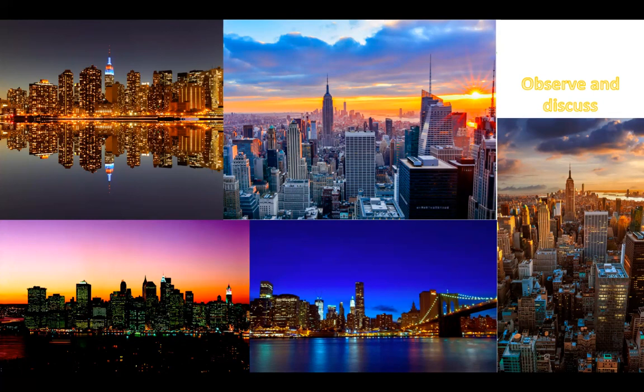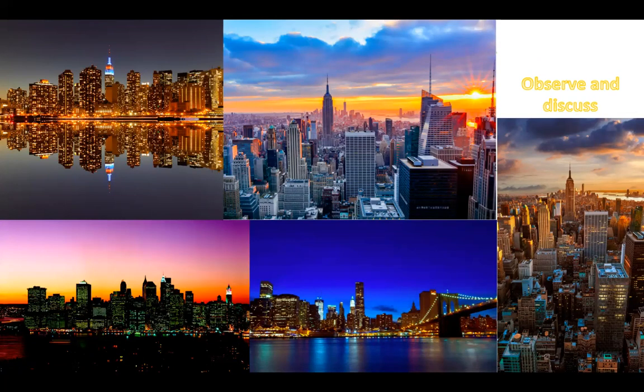I notice the photograph in the middle is in the evening, and I can see the beautiful evening sky. I notice on the right-hand side of the photograph, the sunshine is really coming up behind those buildings there, and the sun rays are raying all over those buildings.